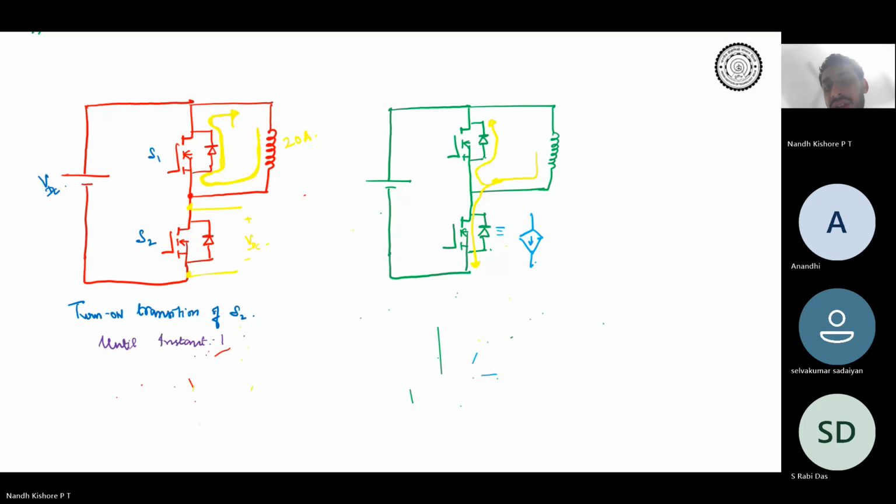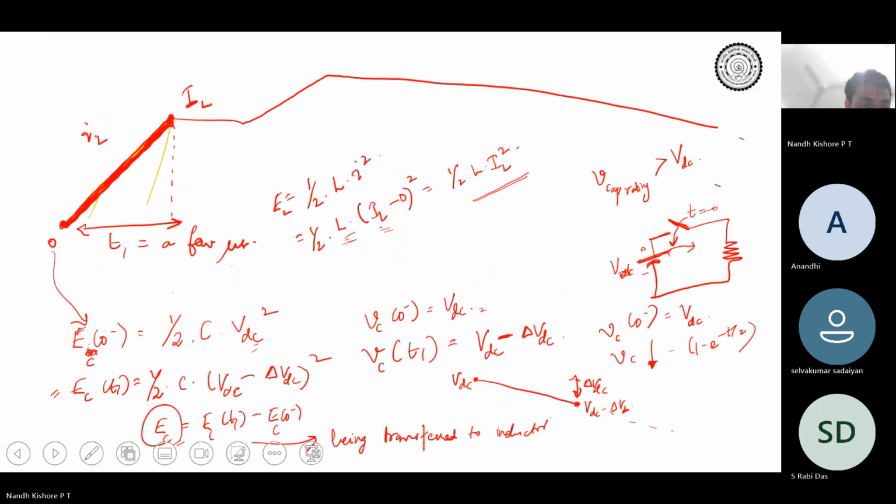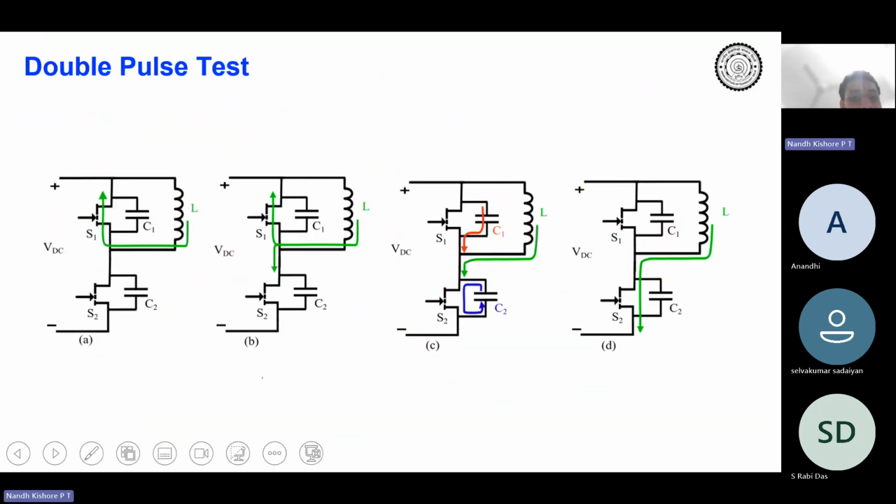If the total current is 20 amperes, that is the inductor current, then initially it was getting split as, you can understand from this figure what was happening. Some current goes here and some current goes through the top device.